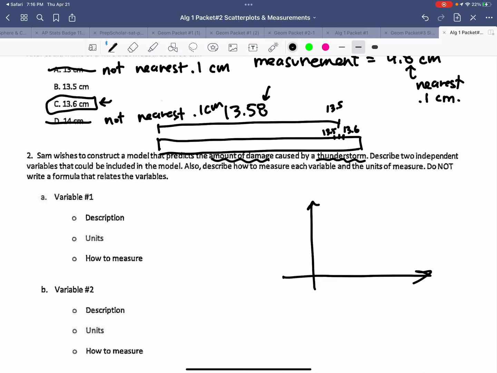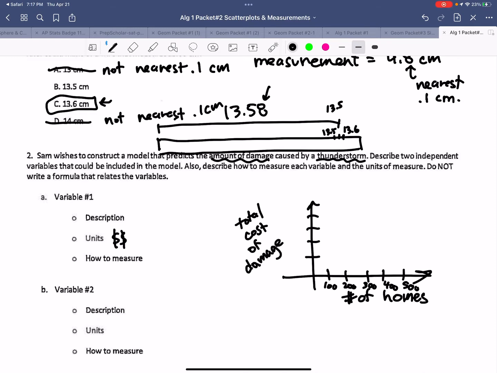So just like we have hurricane damage, the amount of damage could be measured in money, right? And this could be measured in number of homes. So if we surveyed after a big hurricane how many homes were damaged in the city of St. Pete, we could ask the insurance companies how many homes were damaged, and then we could say total cost of damage.